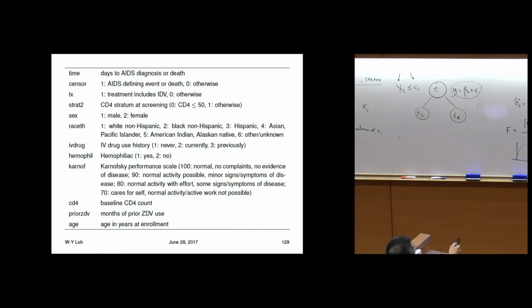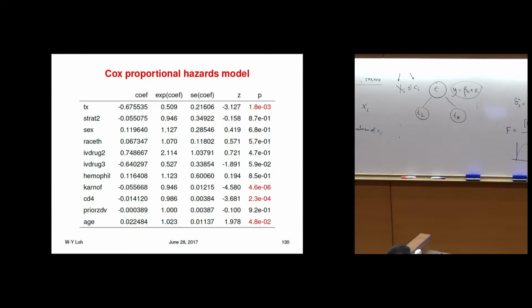If CD4 is bigger than 50, STRAT2 is 1, right? So STRAT2, that stratification variable, is a very crude way to just binarize this variable. Prior treatment is not significant. Age is significant, right? Barely significant, right?